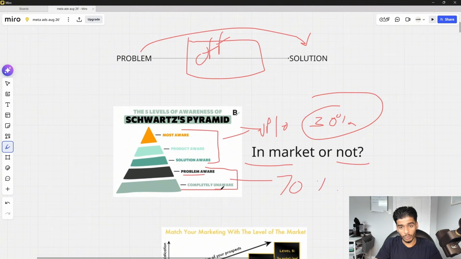So your job with your offer is to educate them and show them the mechanism and show them that your solution is valuable enough for them to invest into.